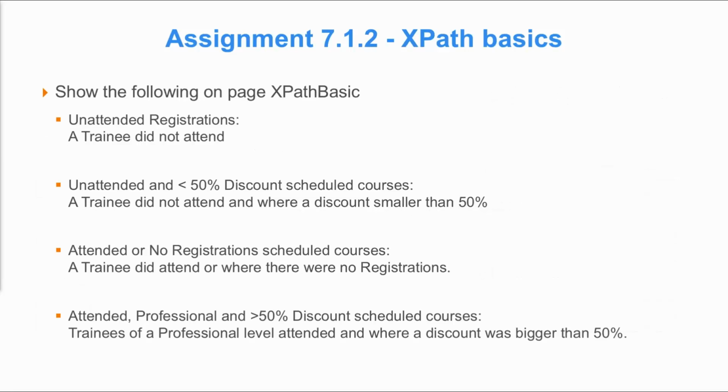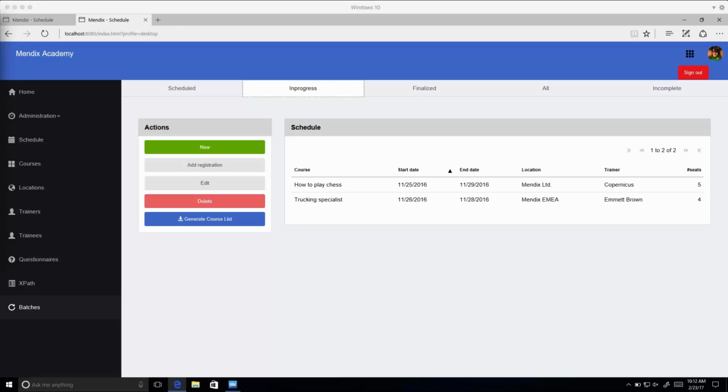Let's say that we want to show, for example, registrations where the trainee did not attend, or where the trainee did not attend and there was a discount smaller than 50, or the trainee has no registration of scheduled courses, or the trainee has a professional level attended and the discount was bigger than 50%.